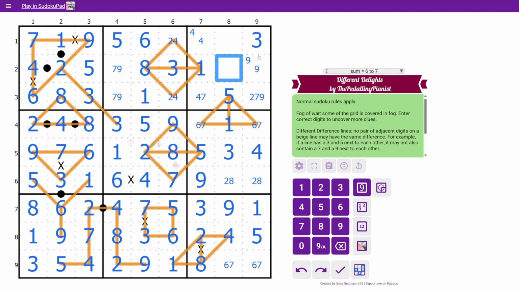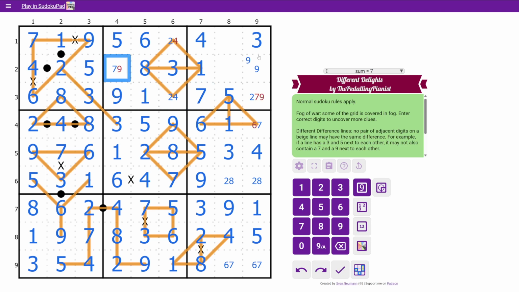And let's get a this is now 4, 6, or 7. Only in the column is 4, 6, or 7. And this top row has 6 and 7 already in it. So that does that.